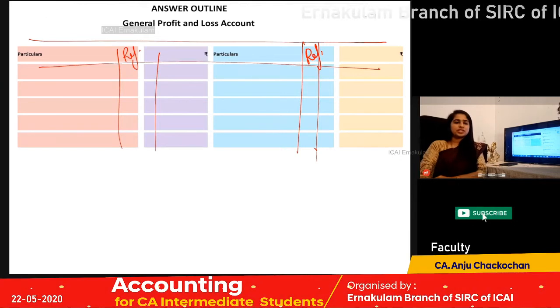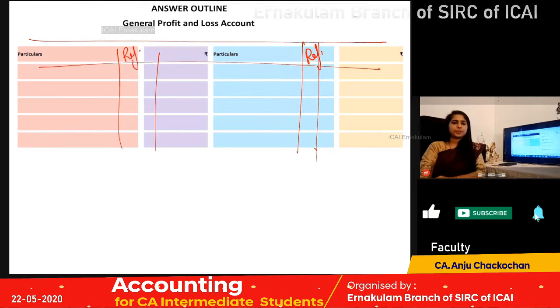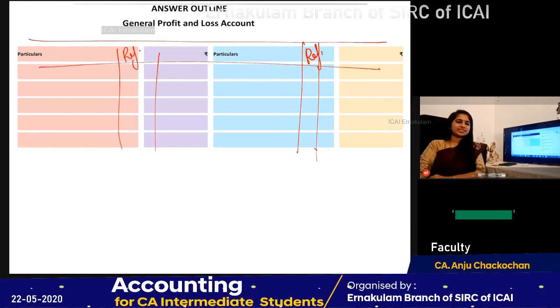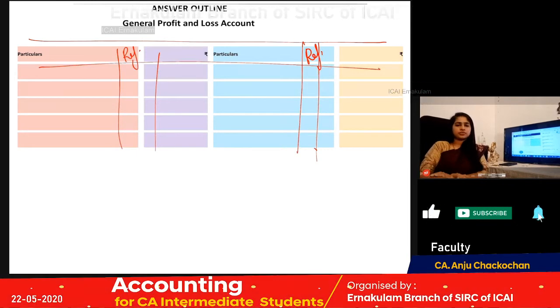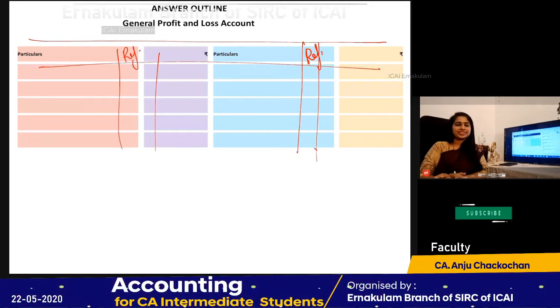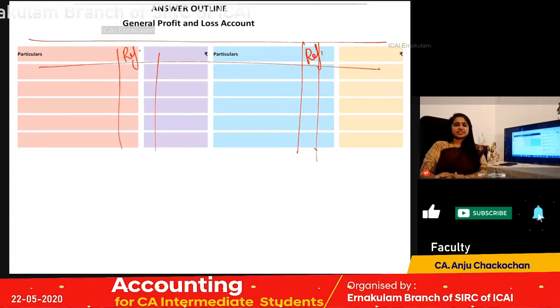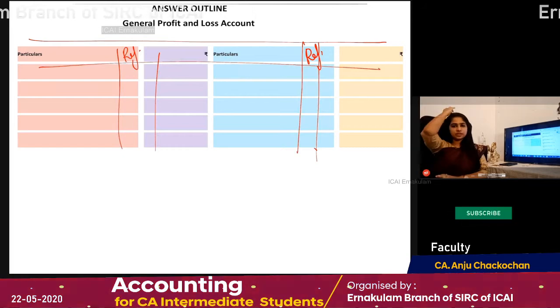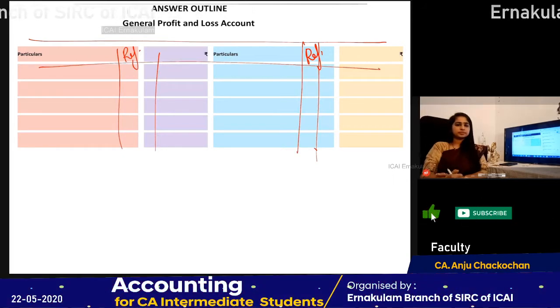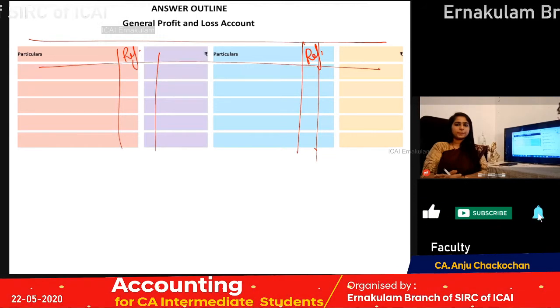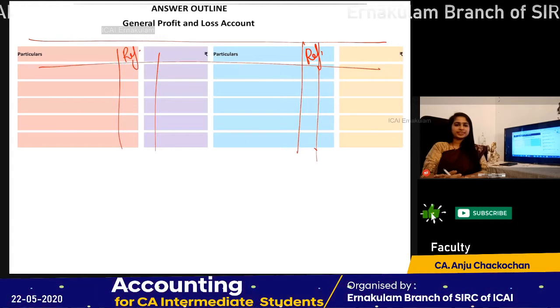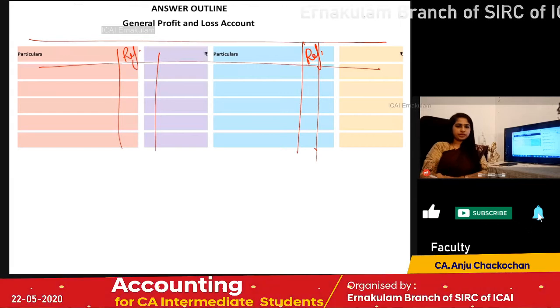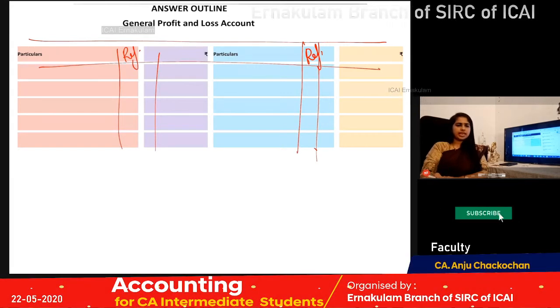Everybody, once you're done with this, please drop in messages. The outline of the general profit and loss account. Speed up, just the scale and pencil task, nothing more.